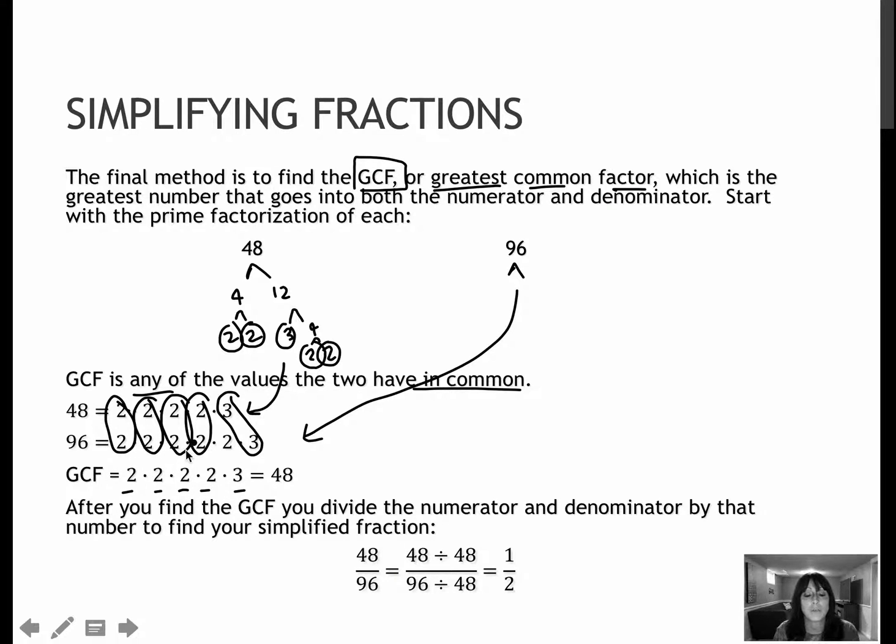So I had 4 pairs of 2's, so I wrote 4 2's. I had 1 pair of 3's, so I wrote 1 3. If I multiply all of those, I get 48. What that tells me is that 48 will go into both 48 and 96. So notice 48 over 96, if I divide the numerator by 48 and the denominator by 48, I end up at my correct answer of 1/2 again.